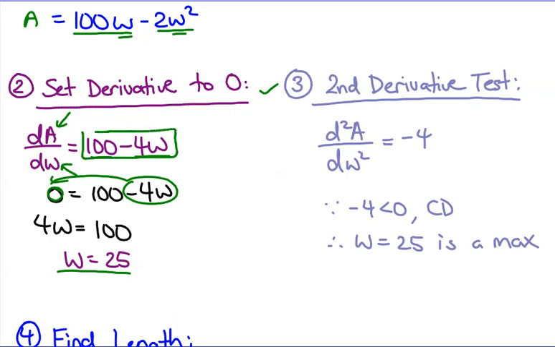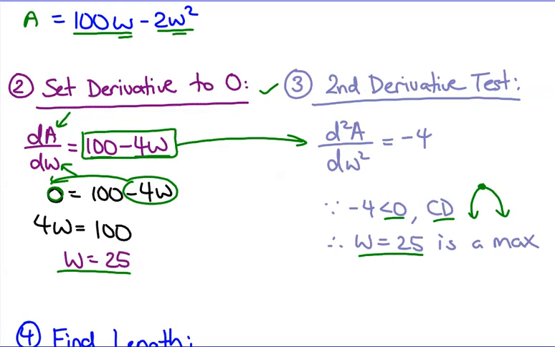Take the derivative of the derivative, so the second derivative will give you negative 4. That's less than 0, which gives you a concave down, which is a maximum. That means a maximum is happening when your width is 25. That's exactly what we were looking for: maximum area, happening at a width of 25 meters.